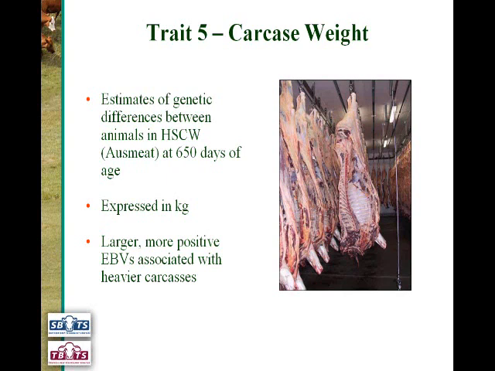They're expressed in kilograms, with higher EBVs indicating a higher standard carcass weight and therefore heavier carcasses. You can see in the picture the carcasses hanging up there in the works. They've been split, but you're looking at basically the combination of those two.